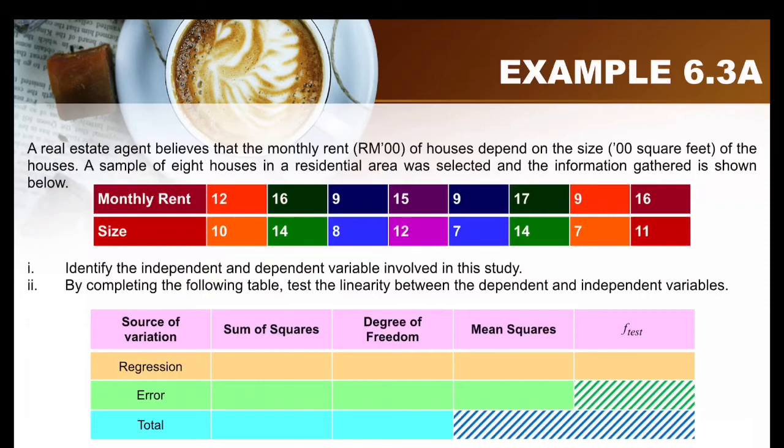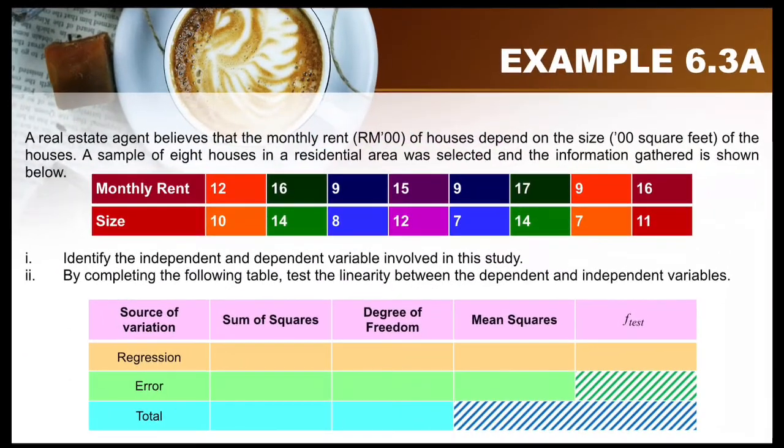How to use linearity tests. Okay, now we will look at how to solve example 6.3a, example of the linearity test. Okay, read the question. A real estate agent believes that the monthly rent in RM100 of houses depends on the size.